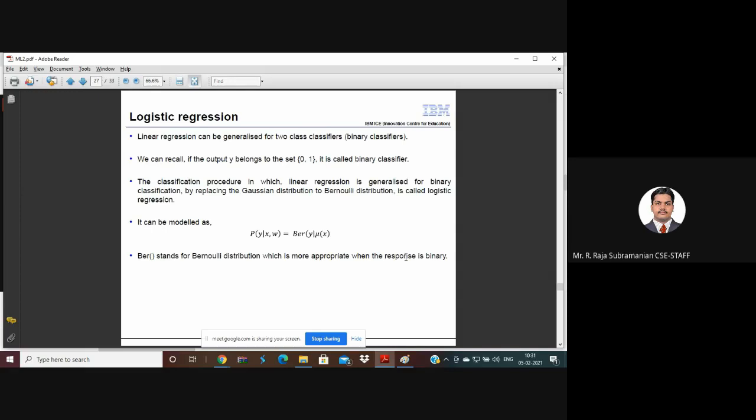But consider applying logistic regression for real-time classification, for example, sports, take football, and I want to classify who is going to win: whether team one is going to win, or team one is going to lose, or team one is going to draw the match. So there are 3 subsets.